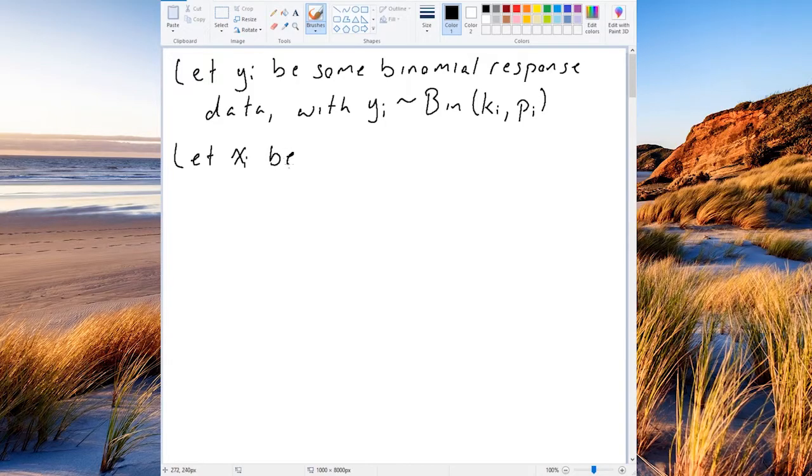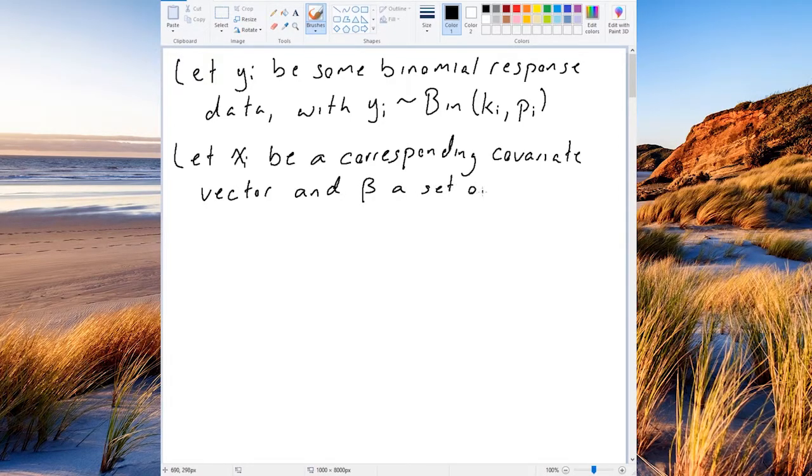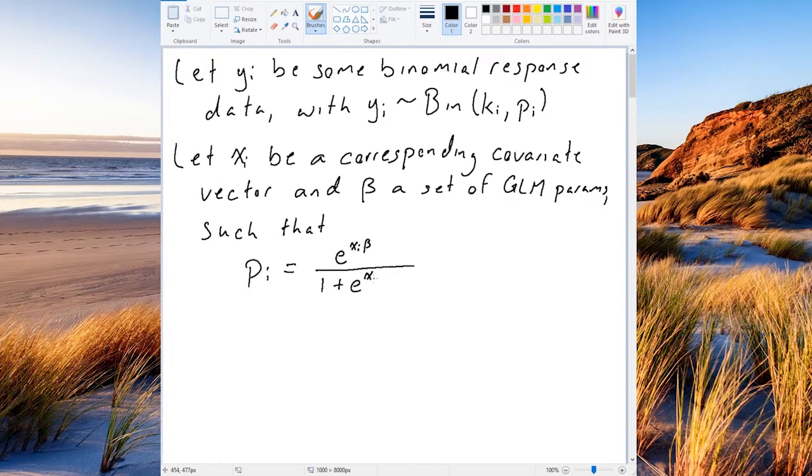Let xi be a corresponding covariate vector and beta a set of GLM parameters such that pi is equal to, like I said, we're going to do the logistic model that we've talked about, e to the xi beta over 1 plus e to the xi beta.